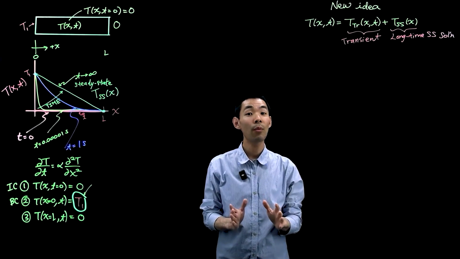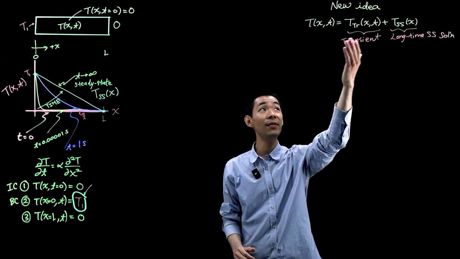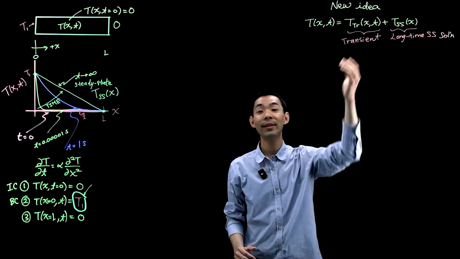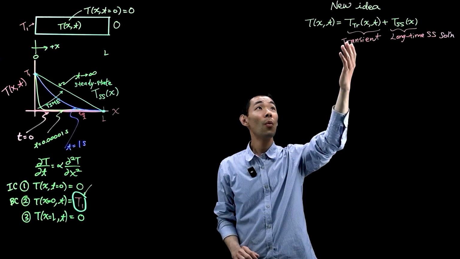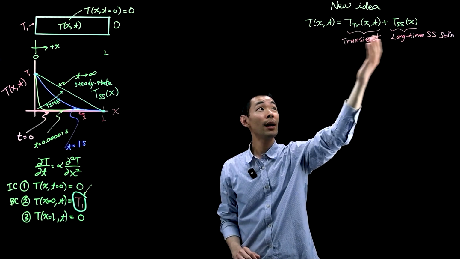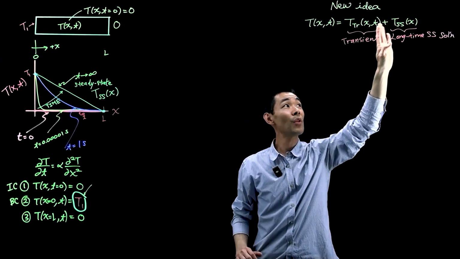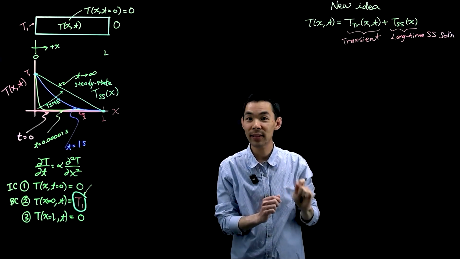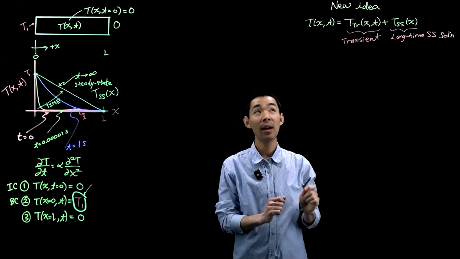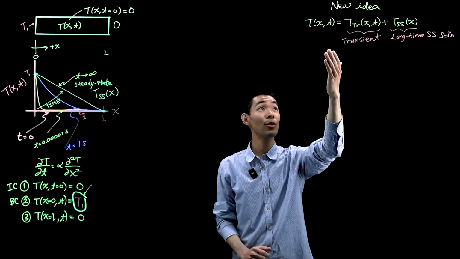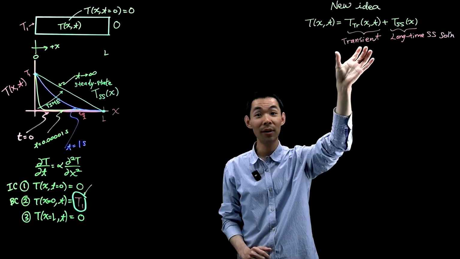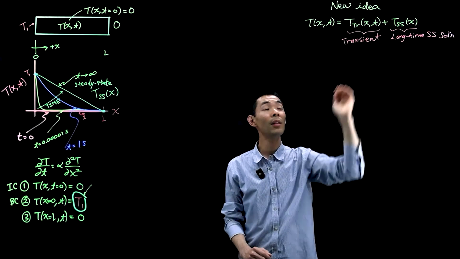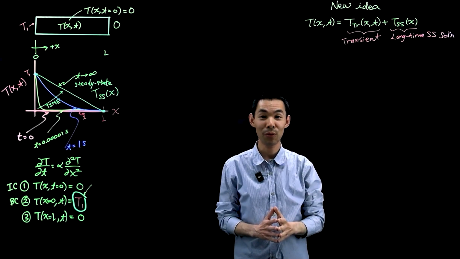So essentially what we're creating is a deviation variable called T transient, where it's the full solution with the steady state part subtracted off, such that the total temperature profile is the deviation part, the transient, plus the long time steady state solution.